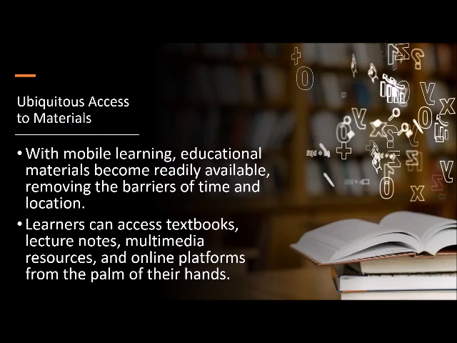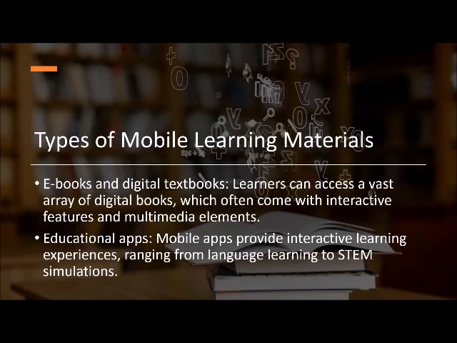So as you can see in the definition in the slide, with mobile learning, educational materials become readily available, removing the barriers of time and location. Also, learners can access textbooks, lecture notes, multimedia resources, and online platforms from the palm of their hands. So that's what is ubiquitous access to materials.